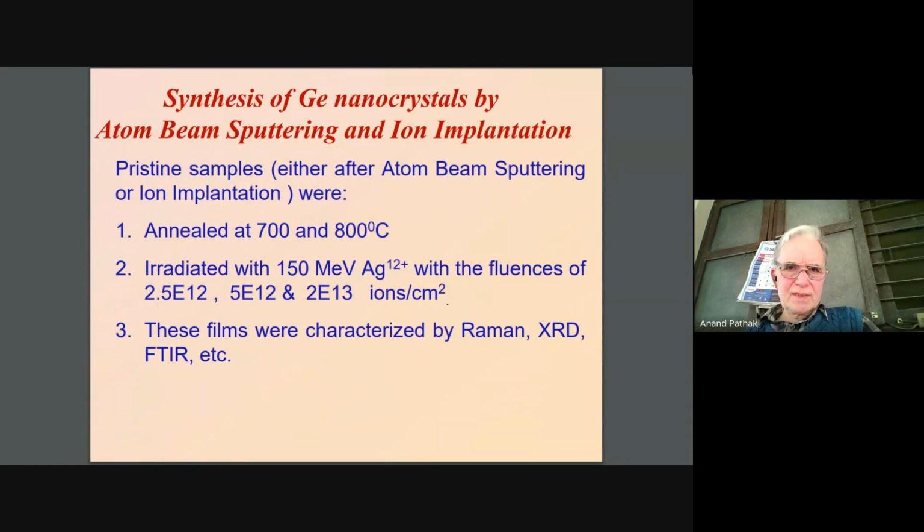These are the two methods by which germanium nanoparticles can be created. One is annealing with temperature effect, and the other is doing the irradiation. The difference between annealing by temperature and annealing by ion beam is that this can be spatially selective. You can have something at one place and something else at another. This spatial property is most important in the case of the ion beam.